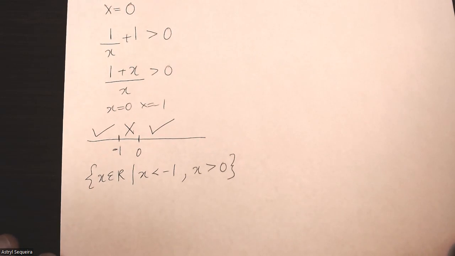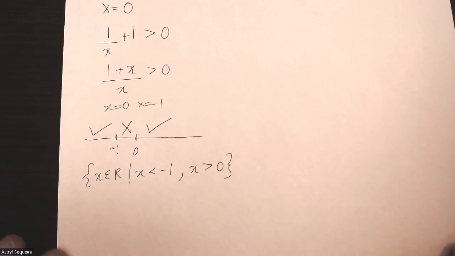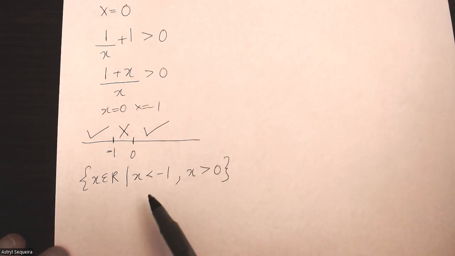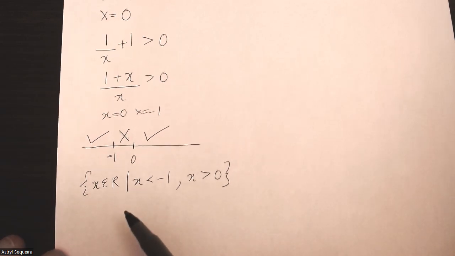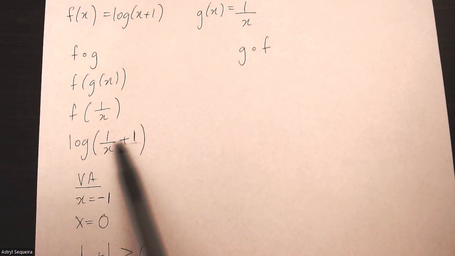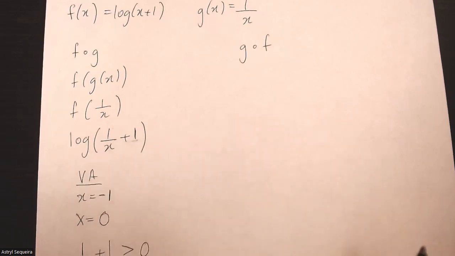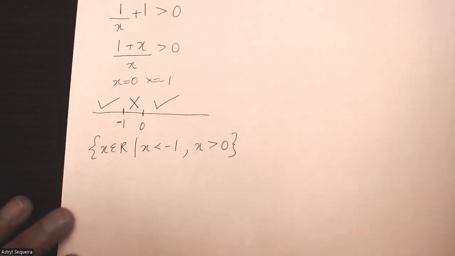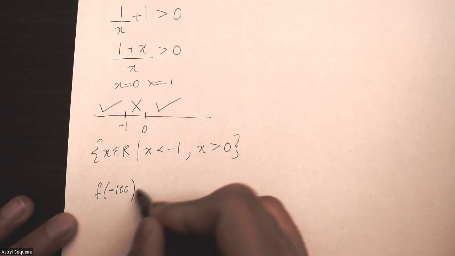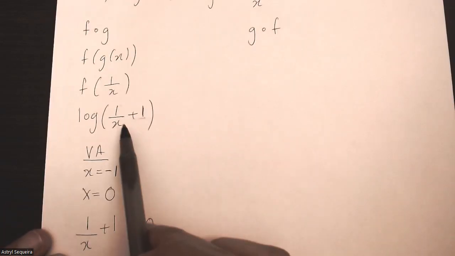Now I need to find the range of my equation. In order to find my range, I'll basically sub in my end behaviors and see what's happening. If we take a look at this function here, we have a log function, so I've got to sub in my end behaviors. So I'm going to start by plugging in f of -100 in this equation.